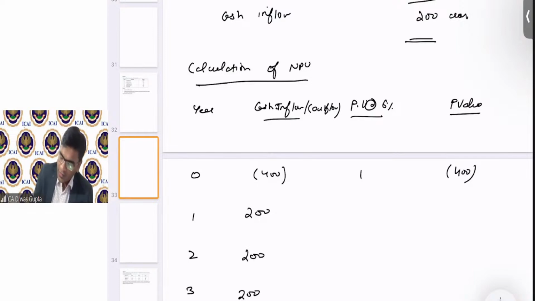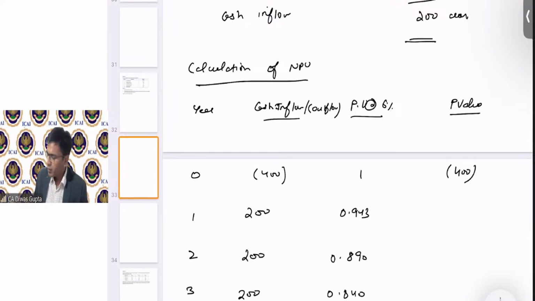Present value factor at the rate of 6% is 0.943, 0.890, 0.840. Then 200 multiplied by 0.943 comes as 188.60. 200 into 0.89 comes as 178.